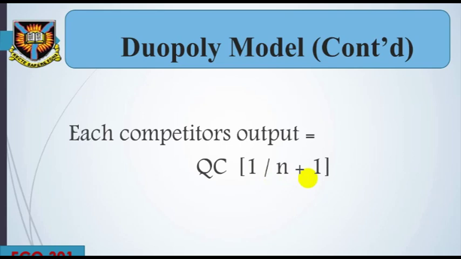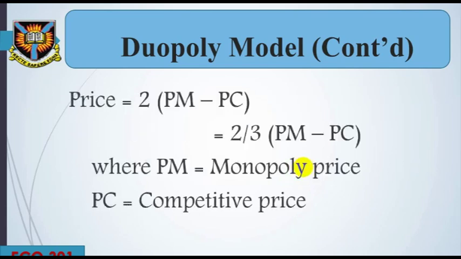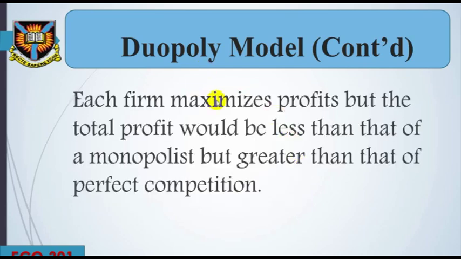Price is equal to 2/3 (PM minus PC), where PM is monopoly price and PC is competitive price. Each firm maximizes profit, but the total profit would be less than that of a monopolist but greater than that of perfect competition.